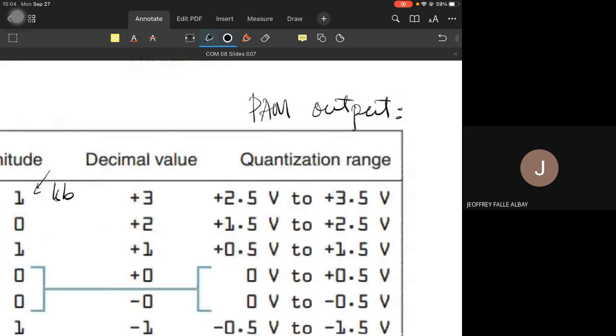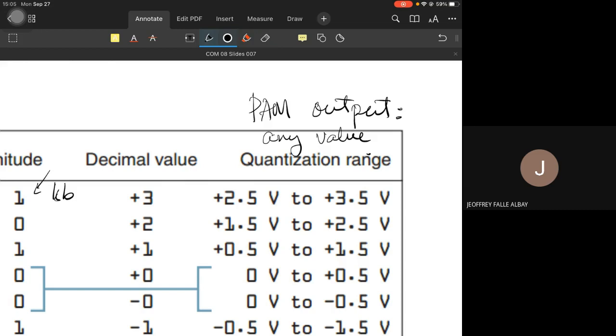So the output of the PAM could be any value, of course with a maximum value and a minimum value, but any value in between.